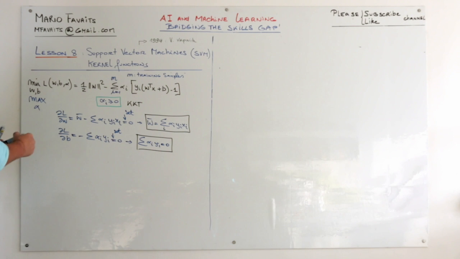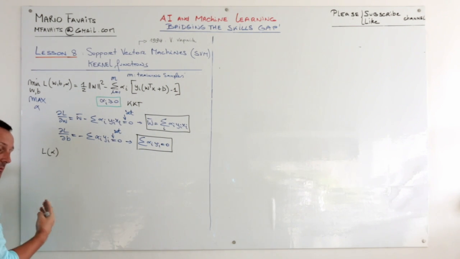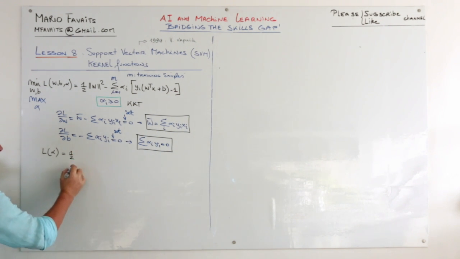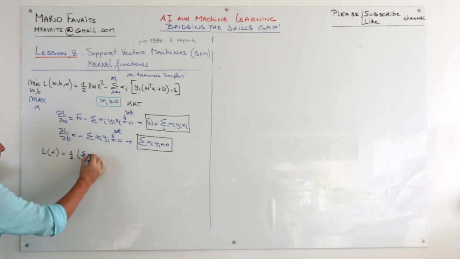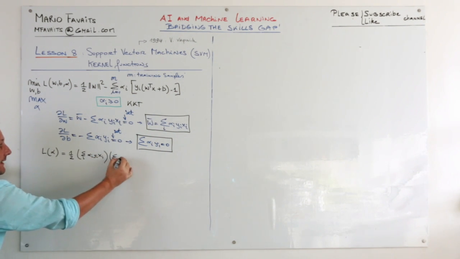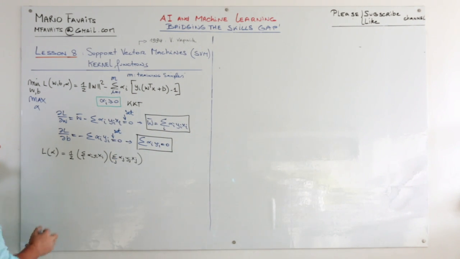So our Lagrangian now becomes only a function of alpha. It's w and b free. So it equals half w squared, which means this is the sum over i of alpha i, yi, xi, and then another sum over j of alpha j, yj, xj. This is the first term.